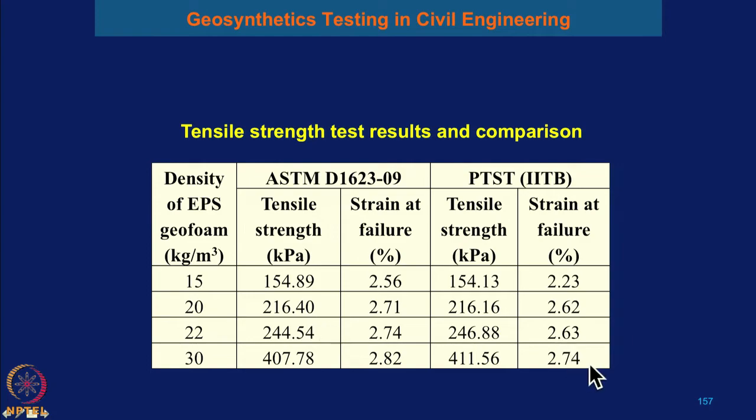So, if you compare both the ASTM and the PTST method, you find there is almost a similarity of the tensile strength and the corresponding strain at failure. So, there is no difference between the ASTM specification and the IIT Bombay proposed tensile strength machine.